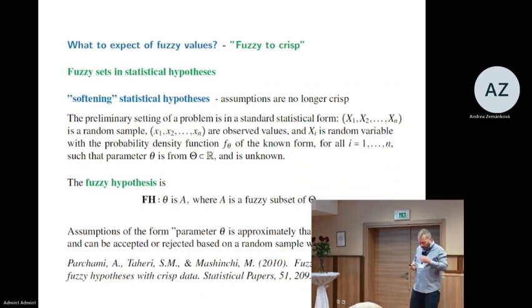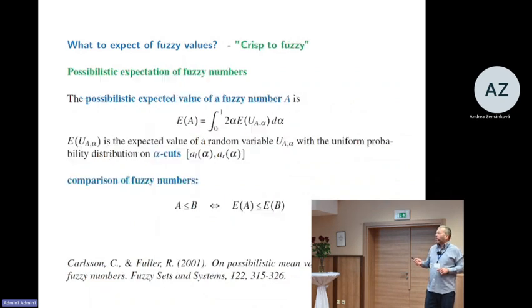This is very interesting because what does not happen in the crisp case most often can happen here, that hypotheses can be in the same way accepted and not accepted. There is a degree of acceptance. So this is what problems we have when we fuzzify the premise of the hypothesis.